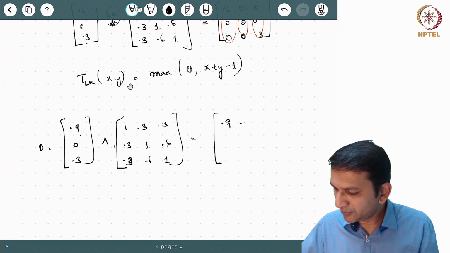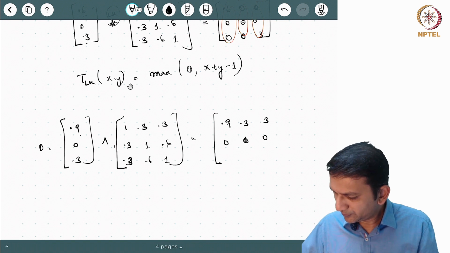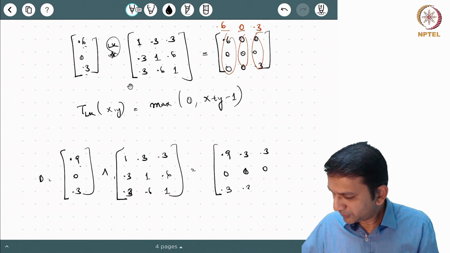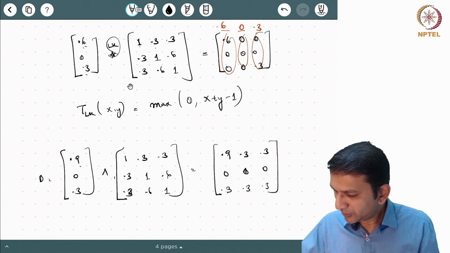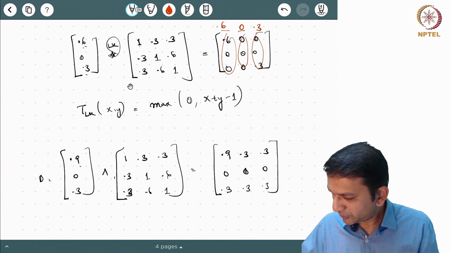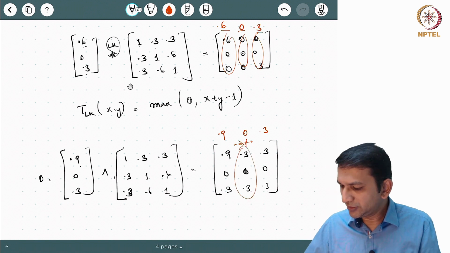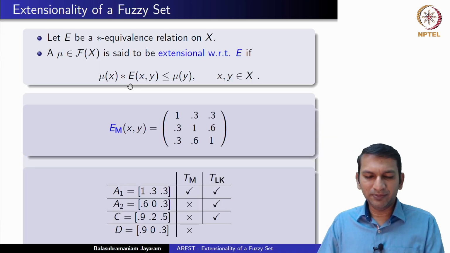So it is 0.9, 0.3, 0.3, 0, 0, 0, 0.3, 0.3, 0.3. So now, if we write out the corresponding 0, 0.3, we see that this is not less than this.